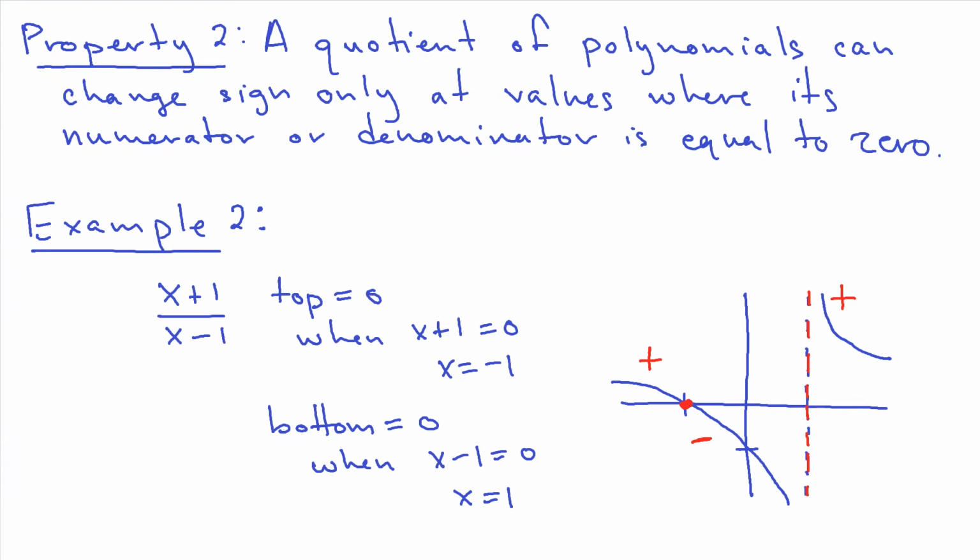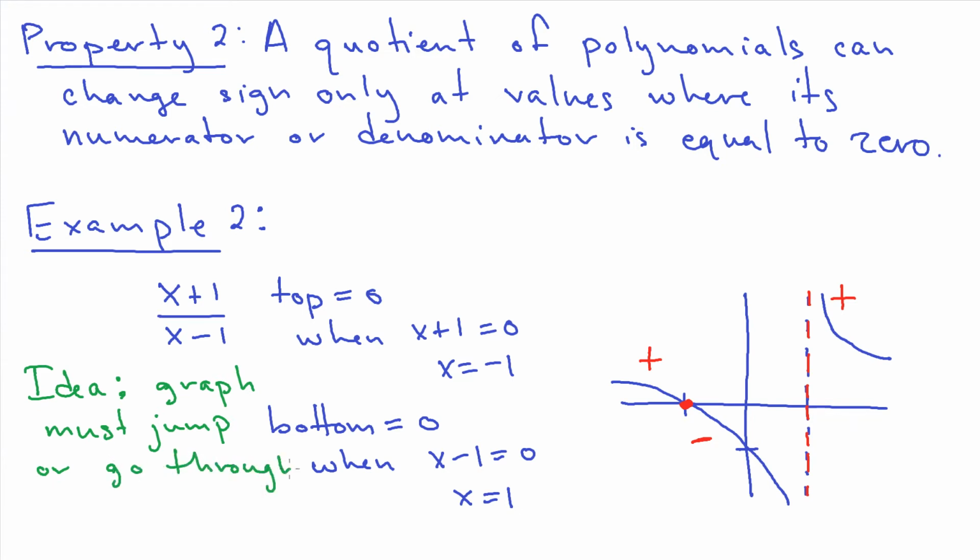And to summarize the idea behind both of these properties, the graph either has to jump or go through 0 in order to change sign.